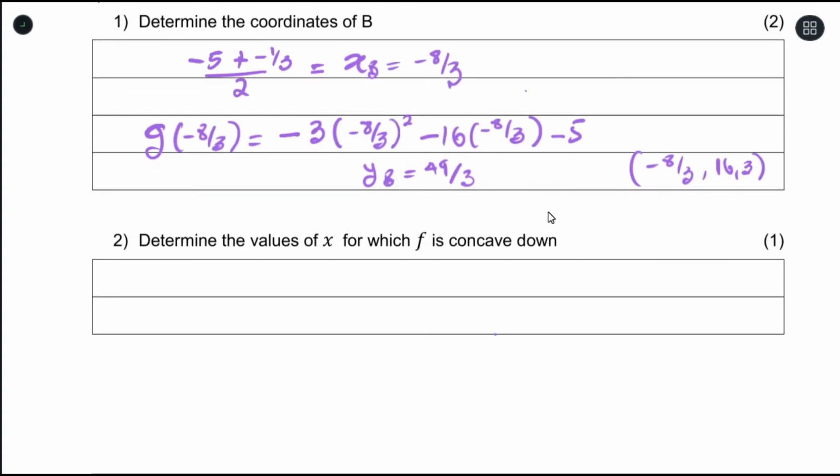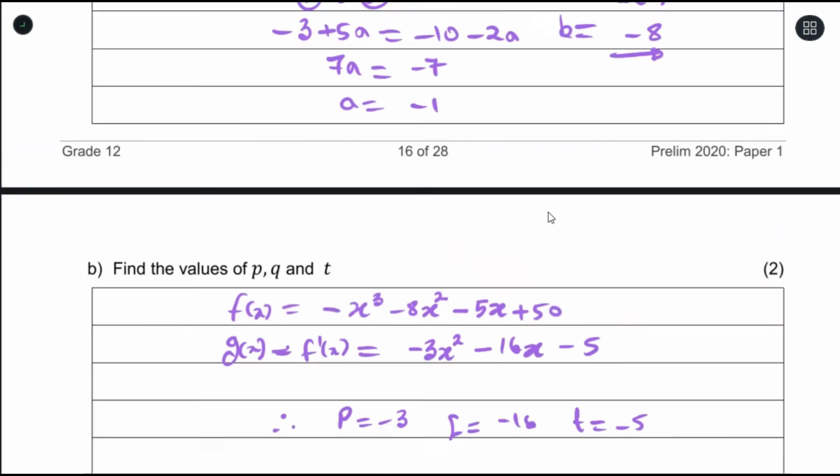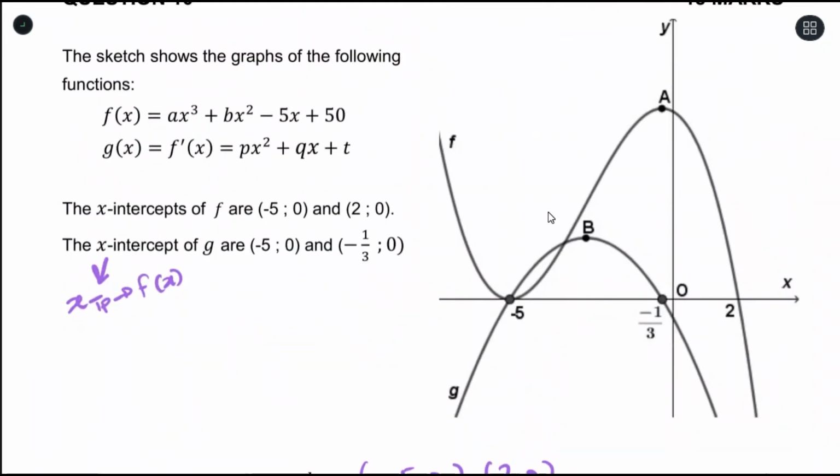Now for D2, it says determine the values of x for which f is concave down. Our cubic function is normally divided into two parts, and the midpoint of the division is our point of inflection, which is going to be somewhere around here. Now this part here is concave up, and this part here is concave down.